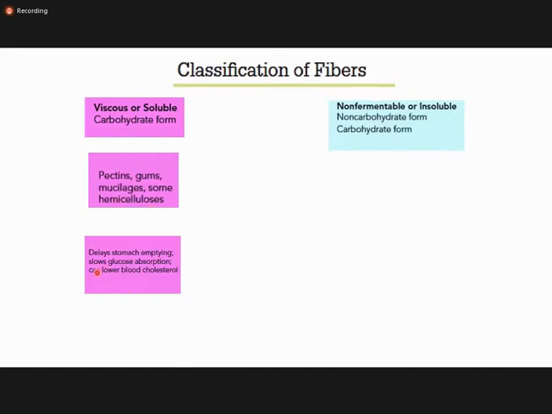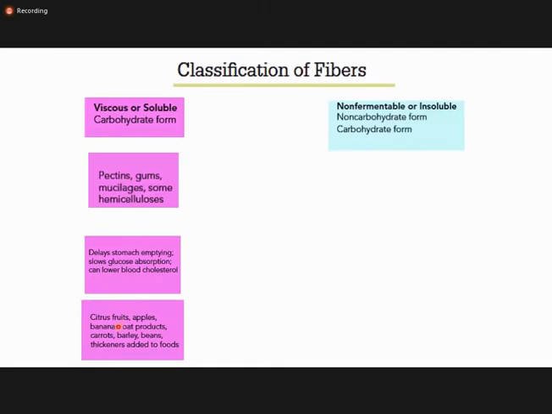The major functions of soluble carbohydrate form fibers: they delay stomach emptying, slow glucose absorption, and can lower the blood cholesterol level. So the food items that contain these soluble carbohydrate forms generally have a low glycemic index, because they slow glucose absorption and decrease the rate of increase of blood glucose after taking a diet.